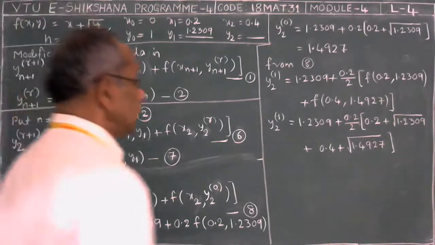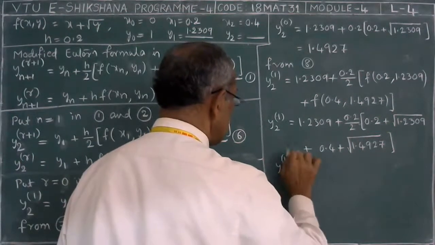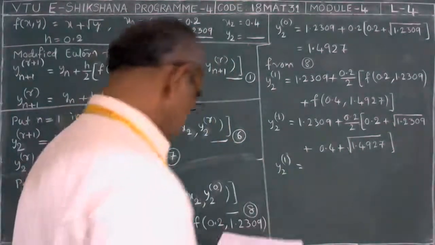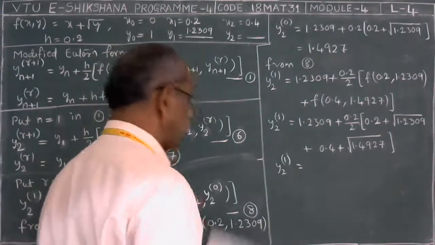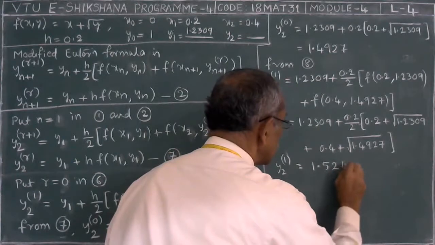If you use the calculator carefully and calculate this, you get y2 1 is equal to 1.5240.